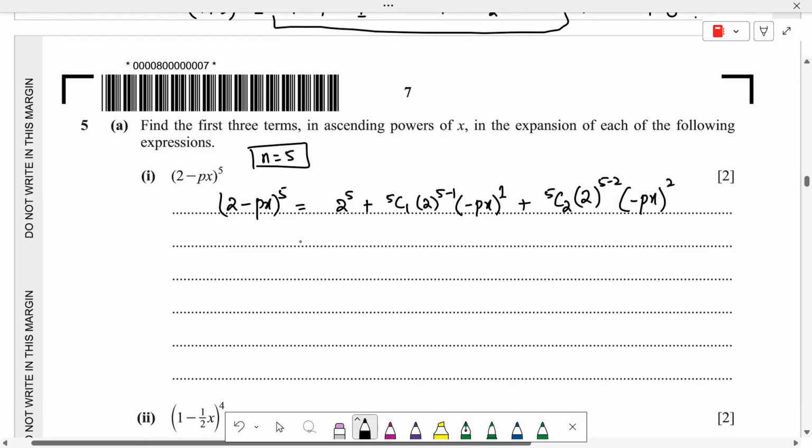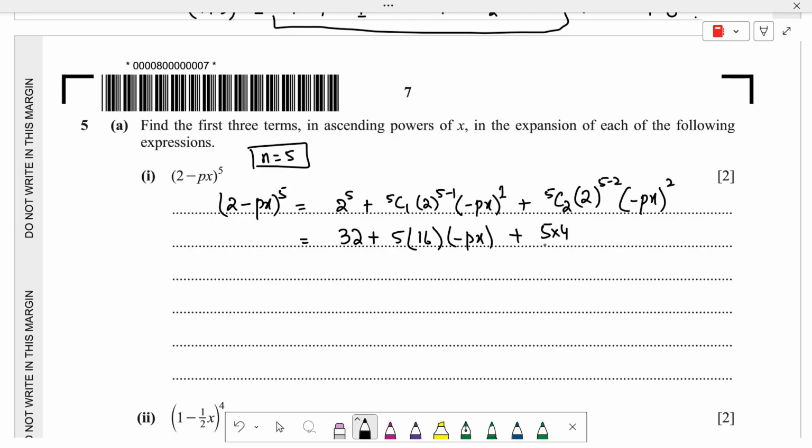Solving this, we will have 2 to the power of 5 is 32, plus 5 combination 1 is 5, 2 to the power of 4 is 16, times negative px, plus 5 combination 2 is 5 times 4 over 2, times 2 to the power of 3, which is 8, and negative px squared is p squared x squared.